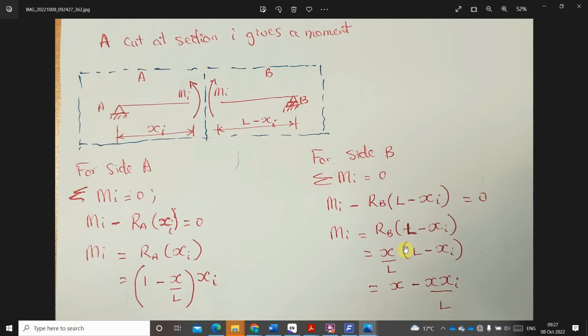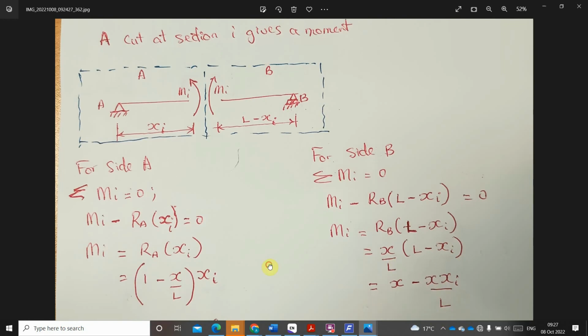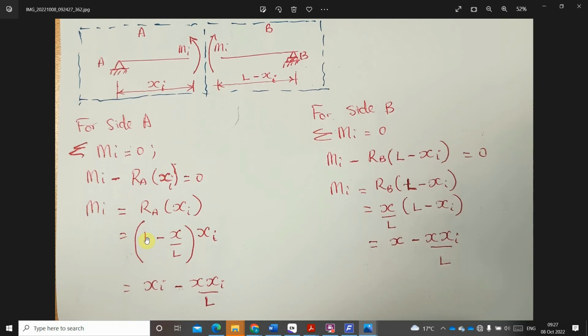Now if we expand this, let's say SL divided by L will give us S alone. For the other one we have S xi over L. So looking at these two expressions, if we break this down, you are going to have S xi minus S xi over L. Multiply this and this, you have this.